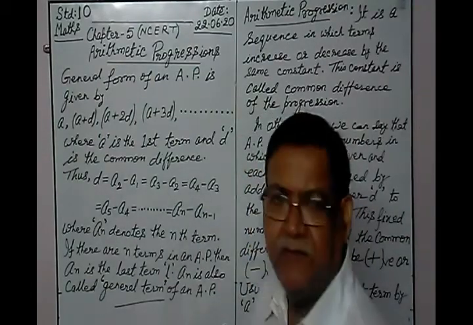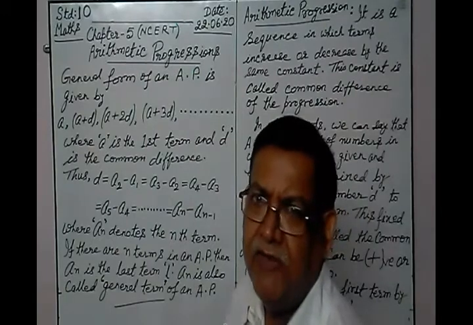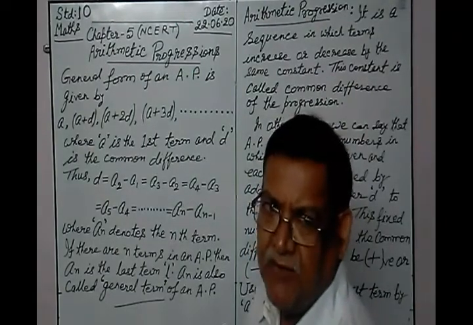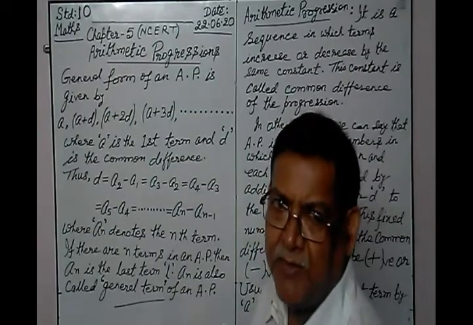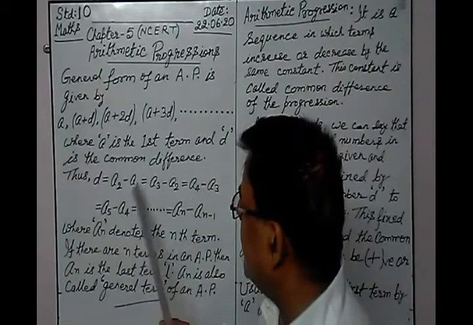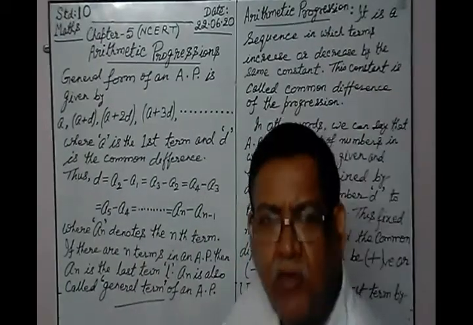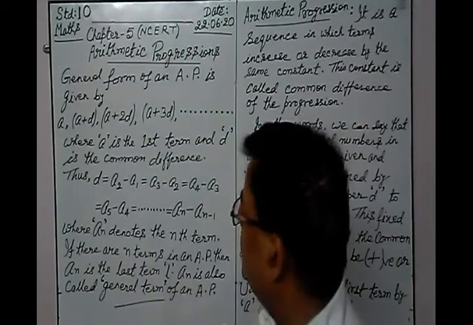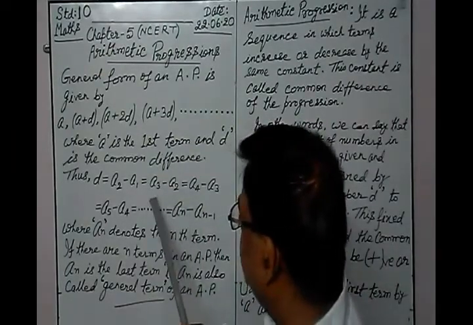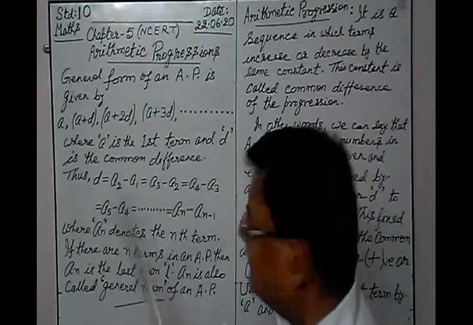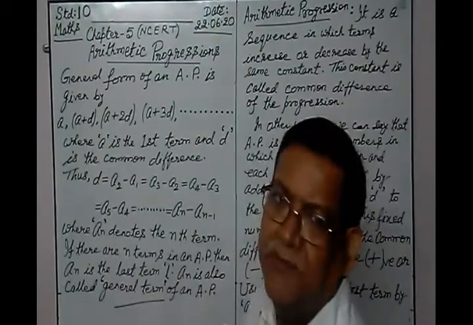How will you find the common difference? It is the subtraction of the preceding term from the term. The value of A2 minus A1 will be the same as when we subtract A2 from A3, A3 from A4, A4 from A5, and so on.